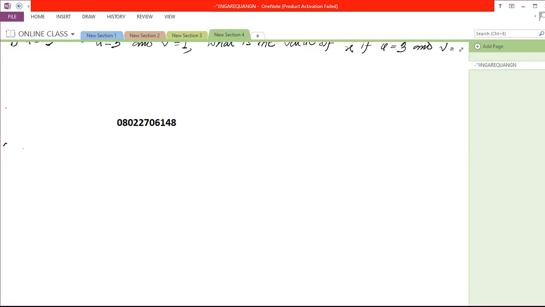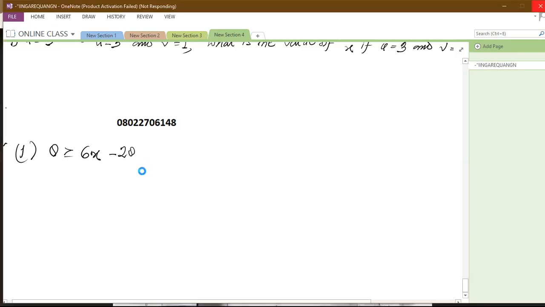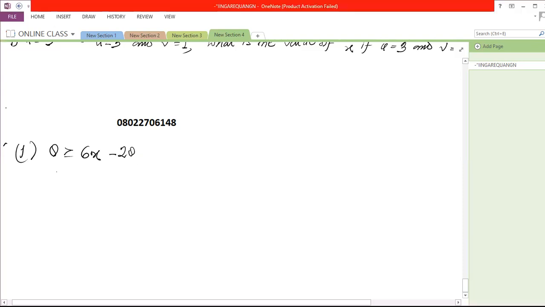So number 1 says that 0 is greater than or equal to 6x minus 20. When you see things like this, the best thing for you is to change their position. Once you change the position, the sign will also change.